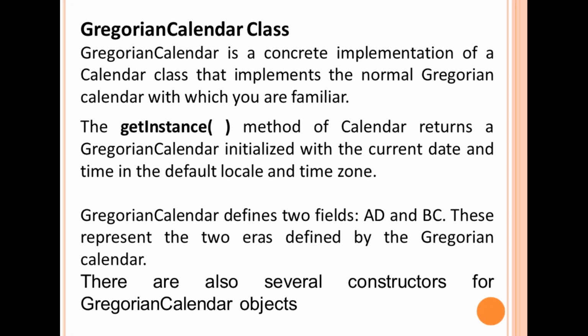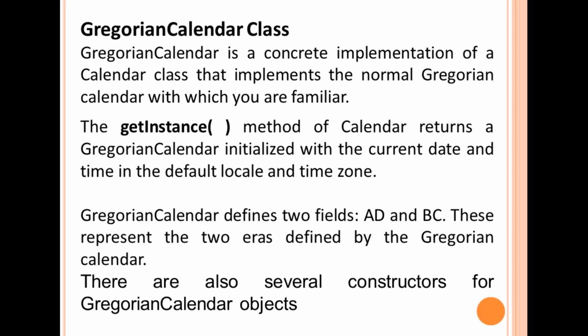There are also several constructors for GregorianCalendar objects. GregorianCalendar() constructs a default GregorianCalendar using the current time in the default time zone with the default locale.